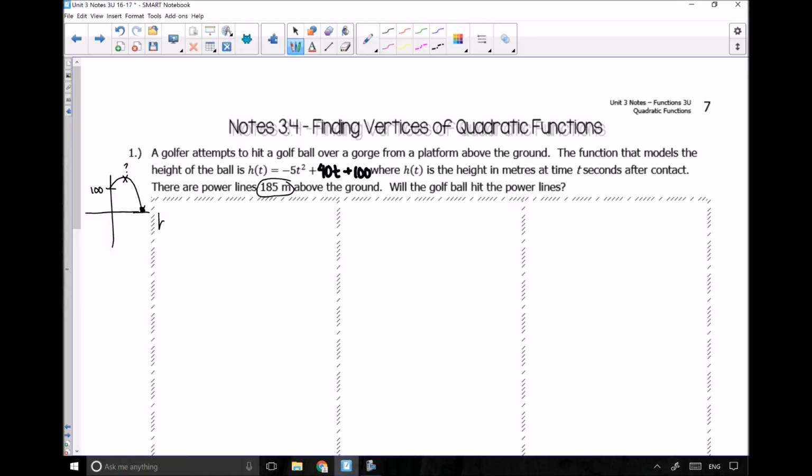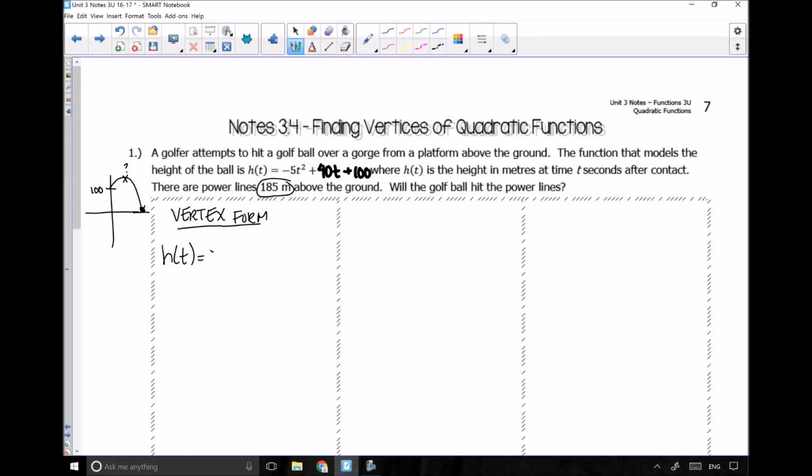So one option that I have is to just put it in vertex form. So let's go ahead and put this in vertex form by completing the square. Okay, so in order to complete the square, I need to, first of all, factor out that negative 5. Now, a lot of you guys are not showing the work out properly for this, and you need to communicate the work properly in order to effectively complete the square.